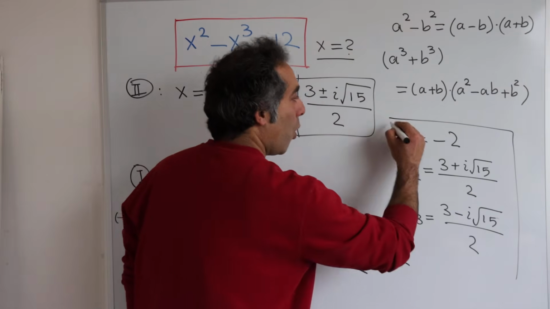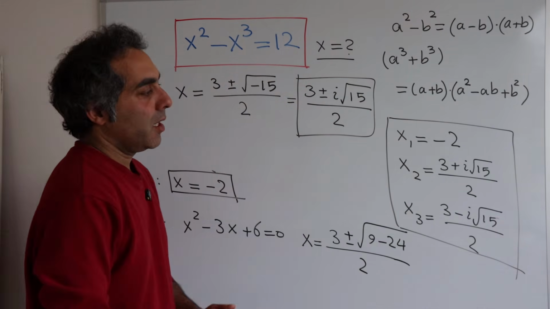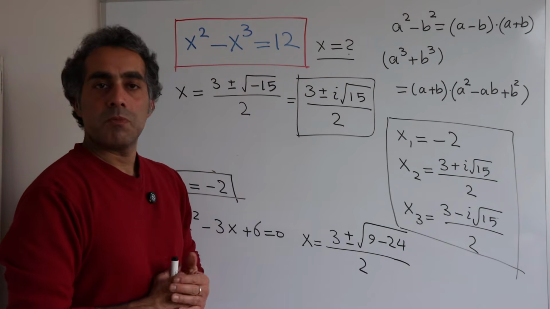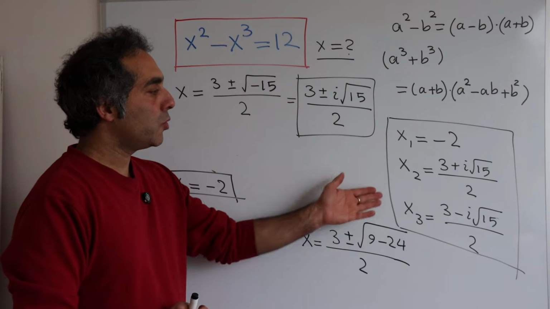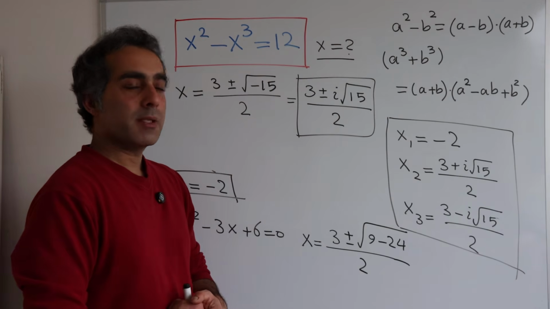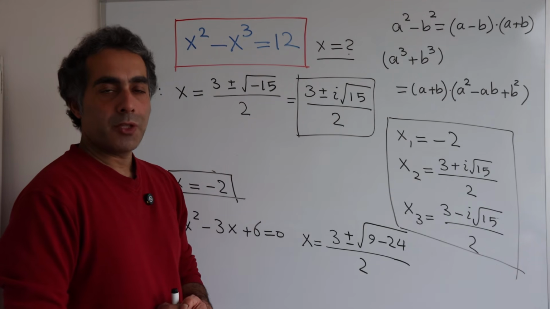And these are the whole answer for the main question here. One root is completely real, and the other two are complex roots with imaginary numbers. Thank you for your attention.